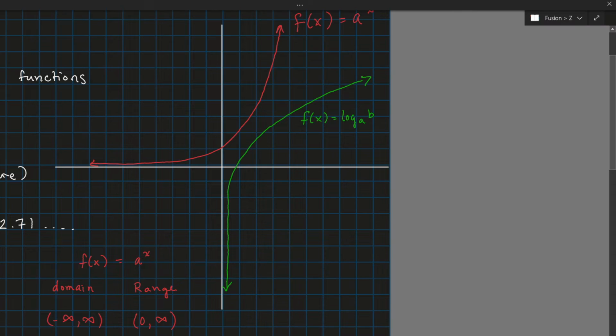Now, I'm going to tell you this, and then we're going to show why that it's the case. Whenever you have an inverse, the domain and range flip. So for log, it's going to be 0 to infinity for the domain, and negative infinity to infinity for the range.